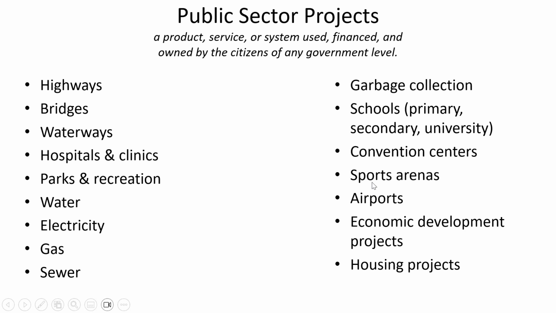Some of these projects don't generate any revenue, or the revenue is so minuscule that it would never cover the cost of even operations. Think about parks and recreation. Here in Huntington, we have some pretty nice parks. Ritter Park is very lovely. It's a place you can go to run, have picnics. It's kind of a bright spot in Huntington, but you don't pay anything to go there.